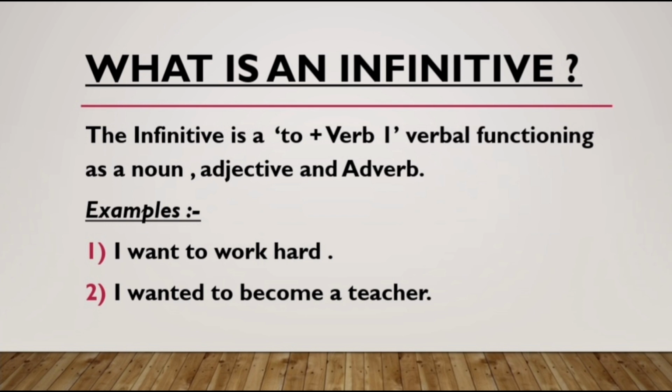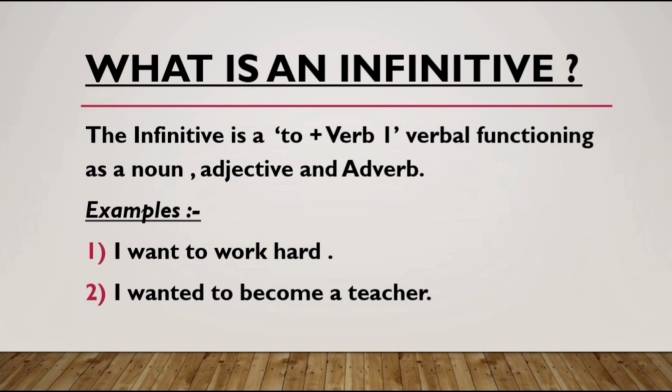So therefore infinitive is a kind of non finite verb and its structure is to plus verb's first form. The first form of the verb is the root form or the base form of the word.